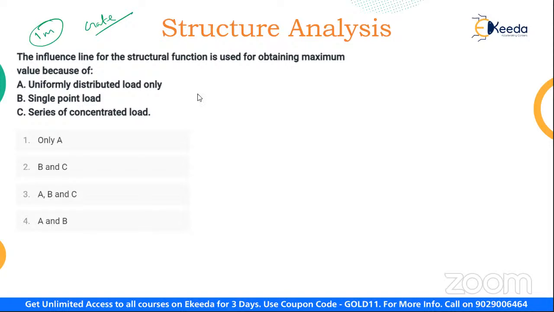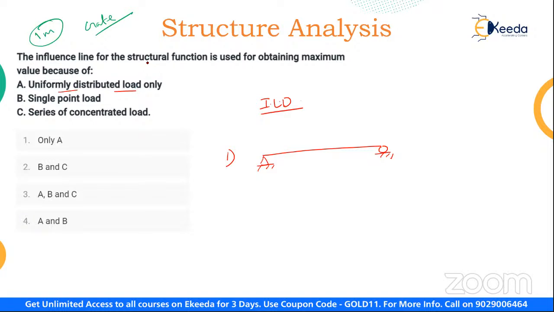Okay, so let me tell you. Let us say if I have to draw the influence line diagram, see here, right? So let us say that this is a simply supported beam. So first option says that the load is what?